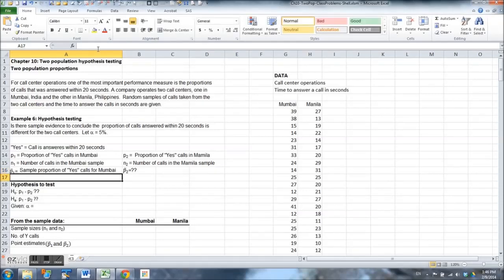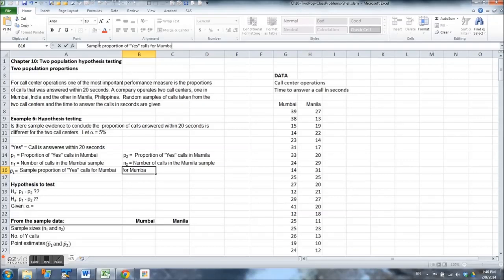Okay. And therefore P bar sub 2 is the sample proportion for Manila. So what is the hypothesis? We want to check to see whether there is a difference.